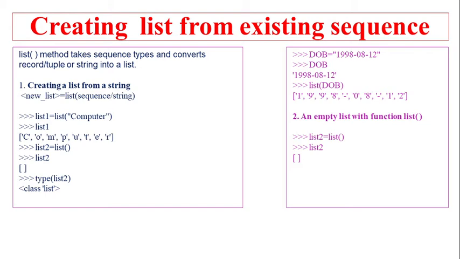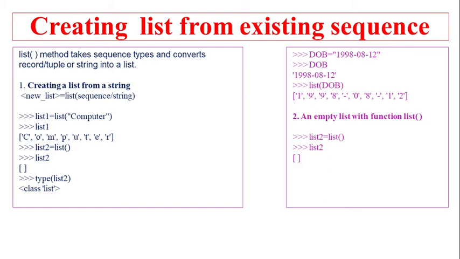So list 1 prints computer's letters separated using commas, enclosed in quotes. You can see it's enclosed in square brackets, so it became a list. Initially computer was a string, and we passed that string to the list function, and the list function converts it into a list.